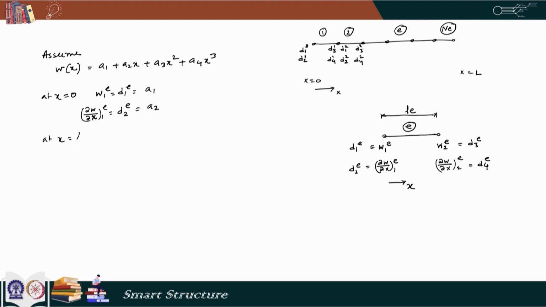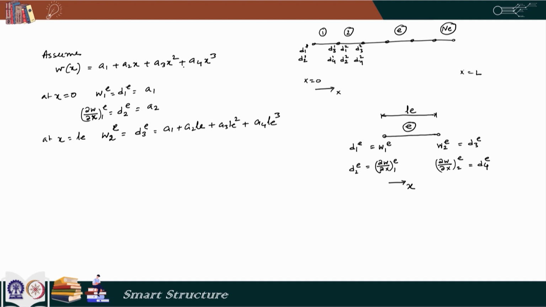And then at x equal to LE, I have W2 of E, which is D3 of E, and that is equal to A1 plus A2 LE plus A3 LE square plus A4 LE cube.